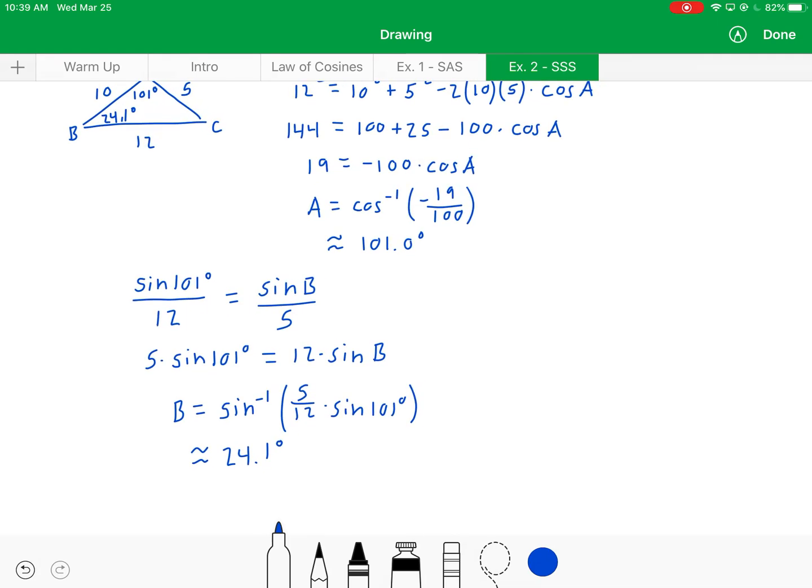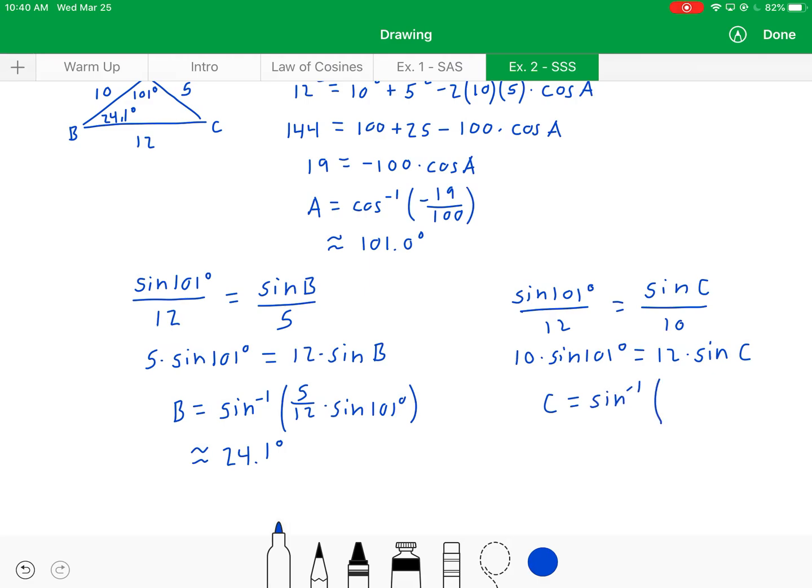All right, and then we can do the same thing for angle C. I would use sine of 101 again over 12 equals sine of angle C over opposite side length of 10. So now we have 10 times sine of 101 equals 12 times sine of angle C. C is going to equal the inverse sine of 10/12. You can reduce that if you want to 5/6 times sine of 101.